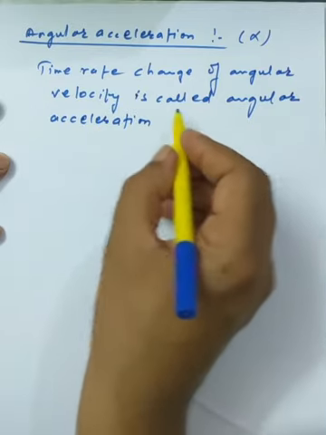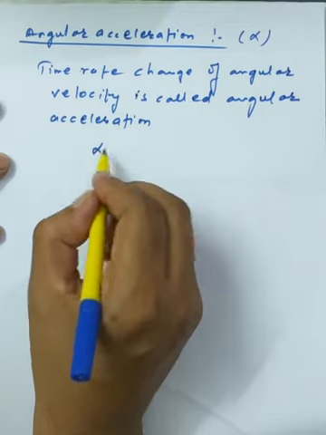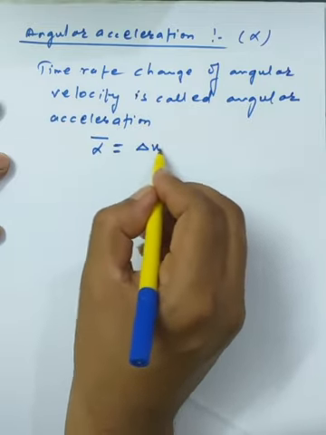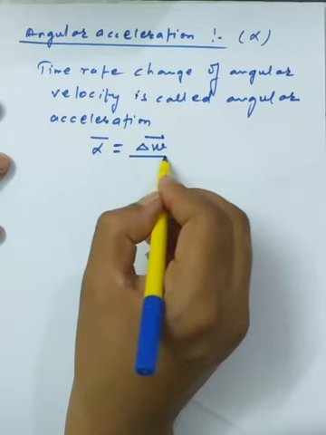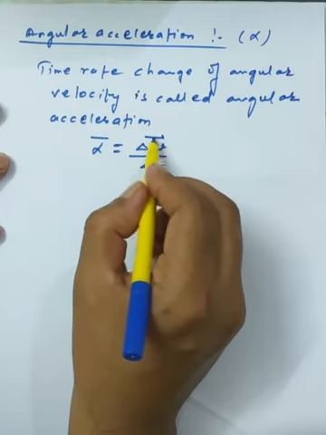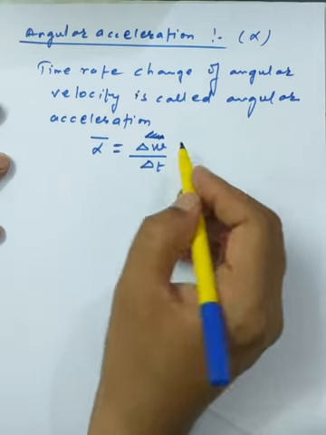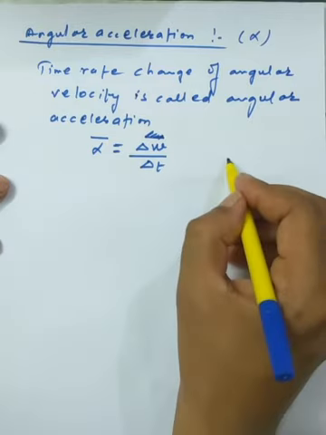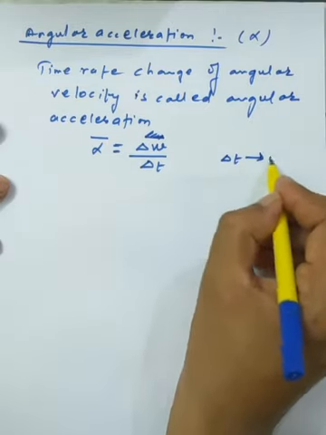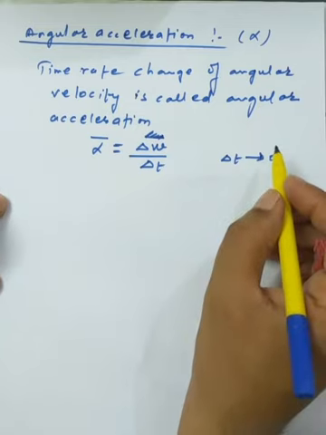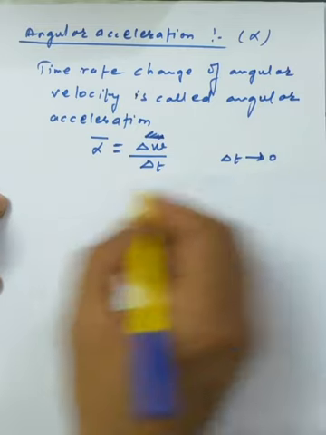Angular acceleration. So the average angular acceleration is delta omega upon delta t. This is the simple notation we have. Now for the instantaneous, as the time interval approaches 0, the average angular acceleration is treated as the instantaneous angular acceleration.